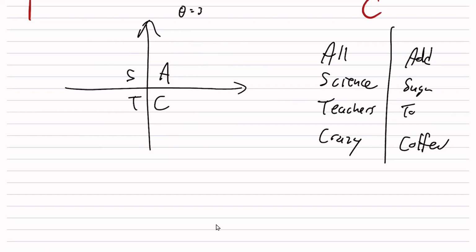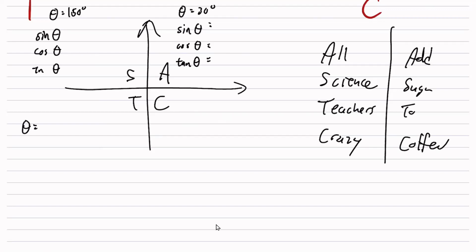If theta equals 30 degrees, find out what is sine theta, cosine theta, and tangent theta on a calculator. If theta equals 150 degrees, find out what is sine, cosine, tangent. If theta equals, let me think, 180 plus 30 is 210 degrees, find out what is sine, cosine, tangent.